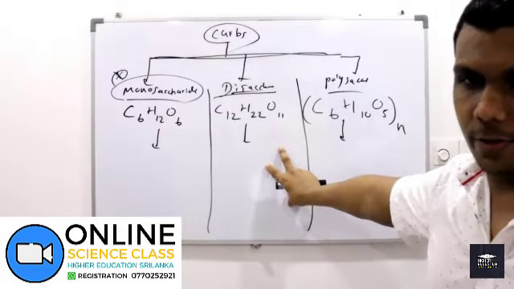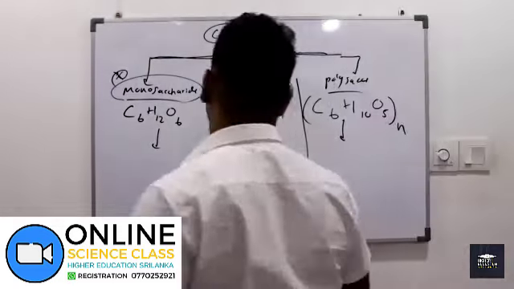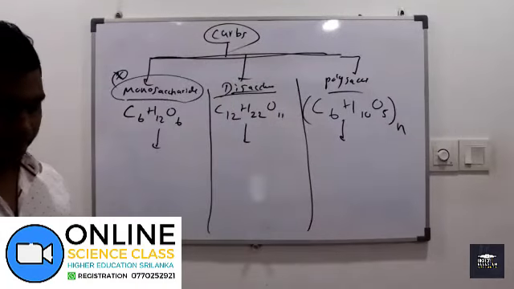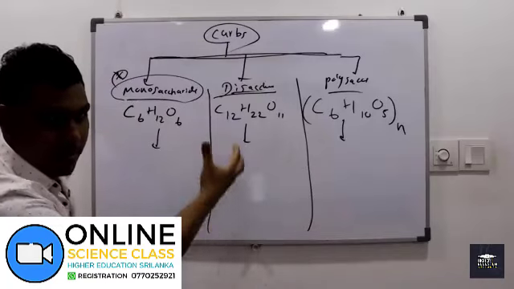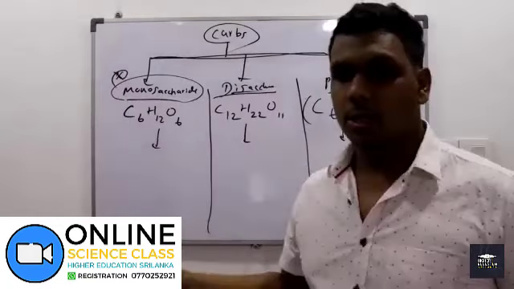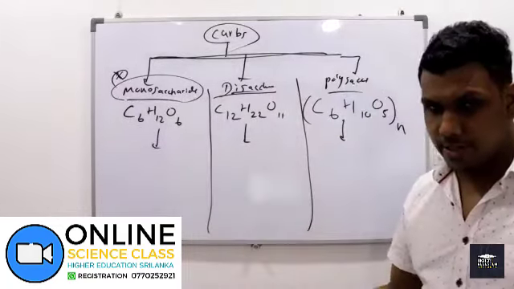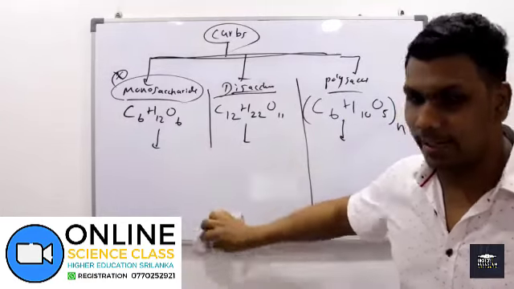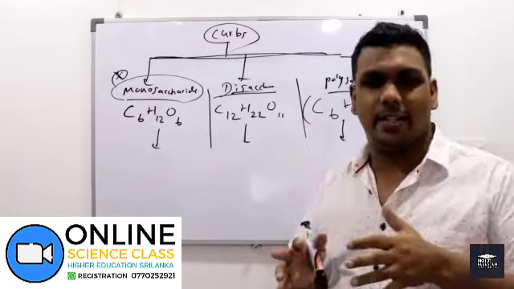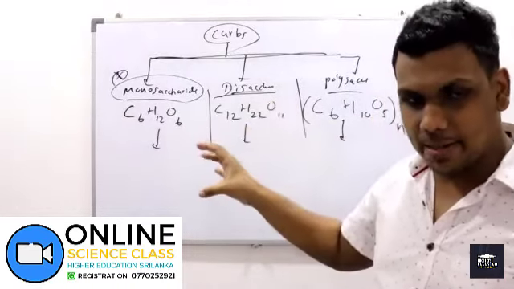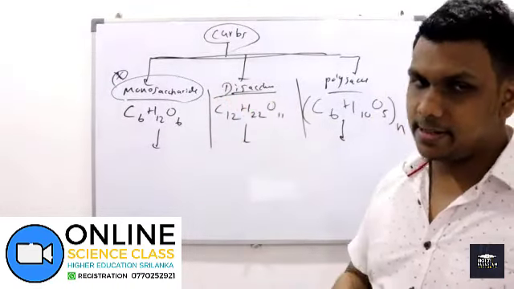Before that I want you all to write this. You will be maintaining the column, මේ පල්ලට column එක ලියන්න. හරිද? So you can maintain the column downwards, but I'm going to erase this because I need to write the balance equation for you to see what happens when we are making disaccharides.